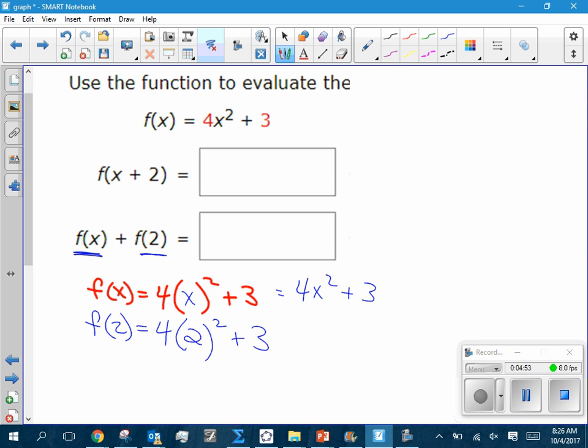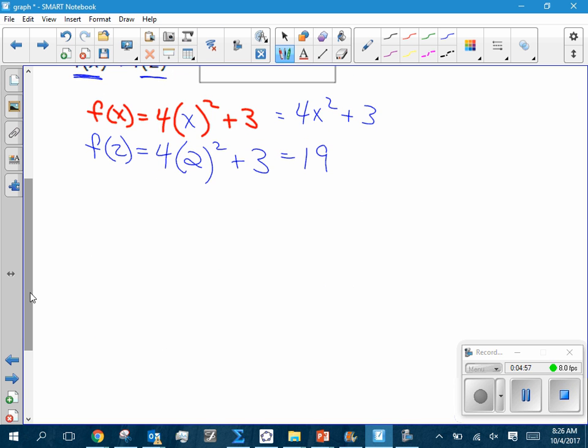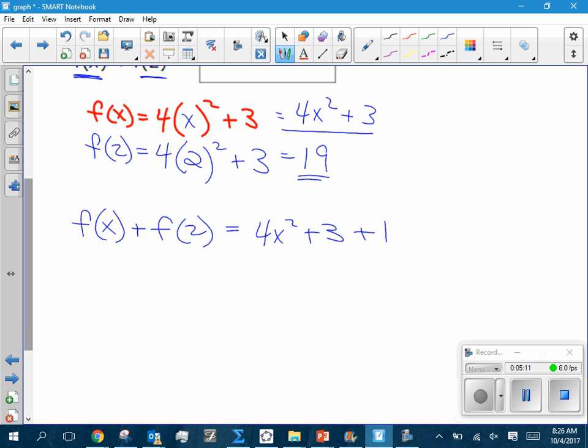So it evaluates to 19. Okay. Now, we have f of x plus f of 2. If I wanted to add those two things together, this is f of x, and that's f of 2.